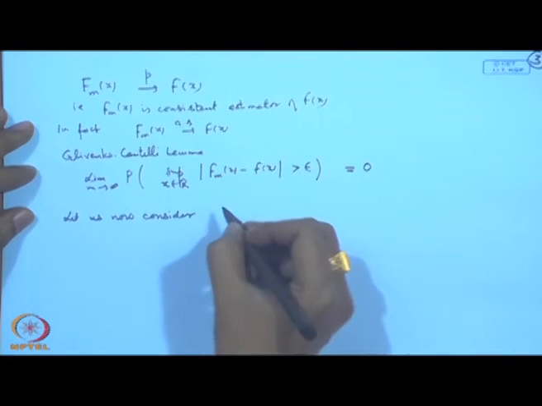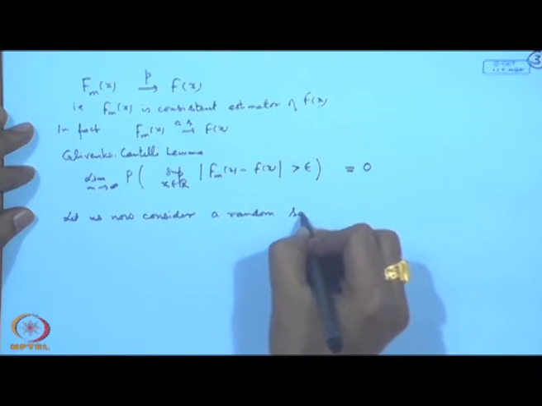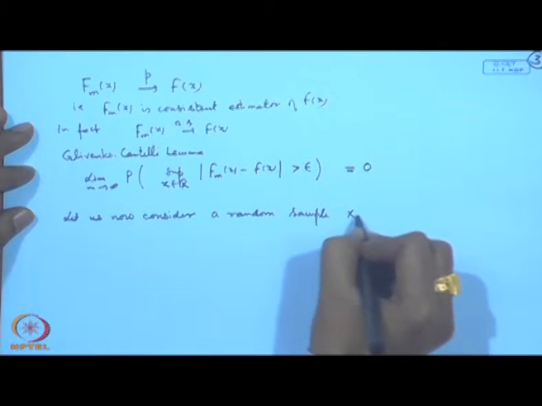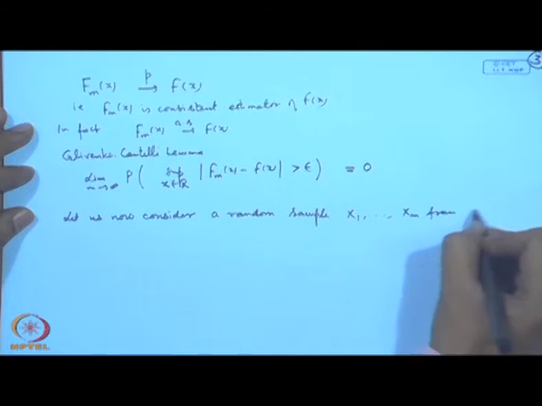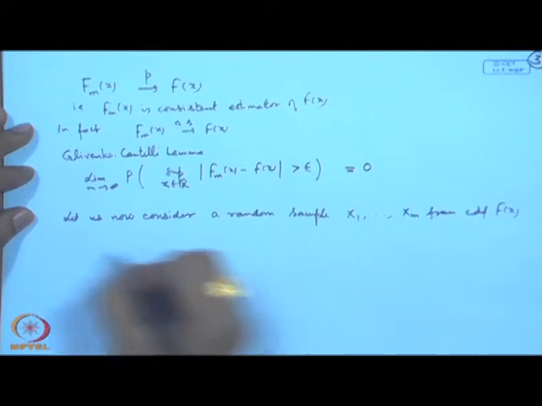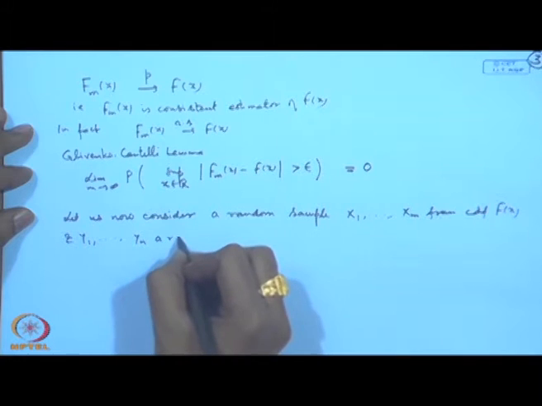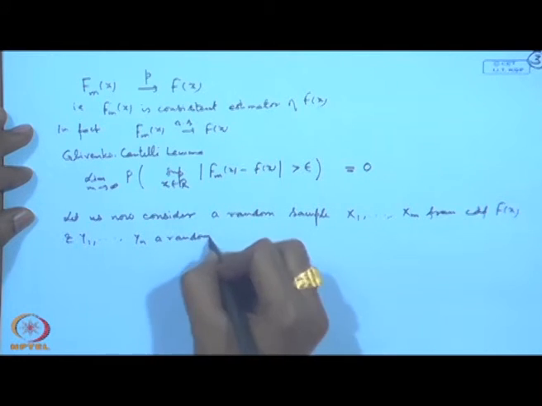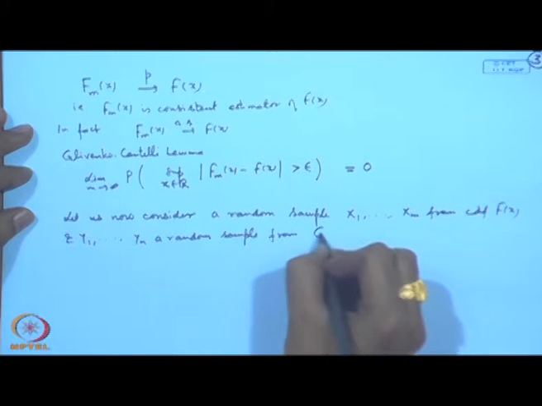Let us now consider a random sample X1, X2, ..., Xm from CDF capital F(x), and say Y1, Y2, ..., Yn, a random sample from say G(y).